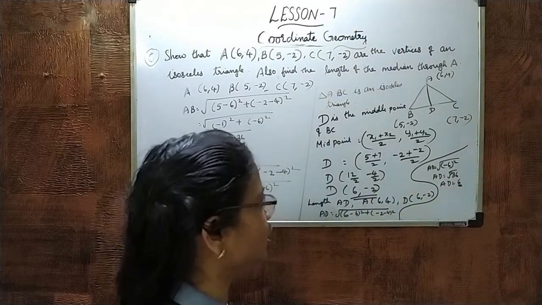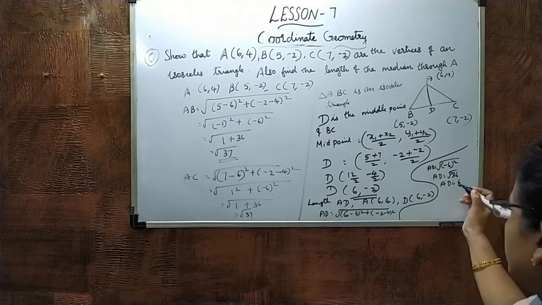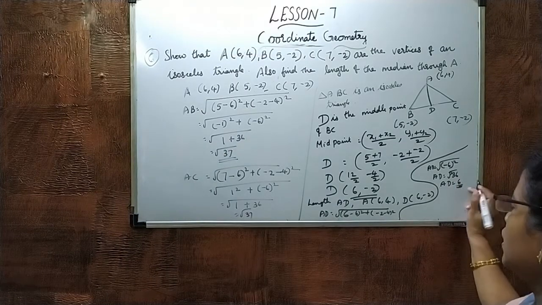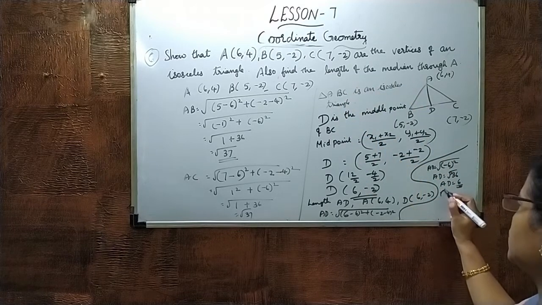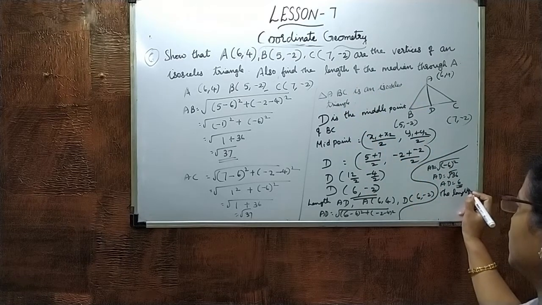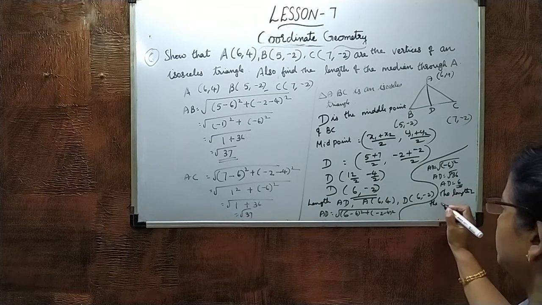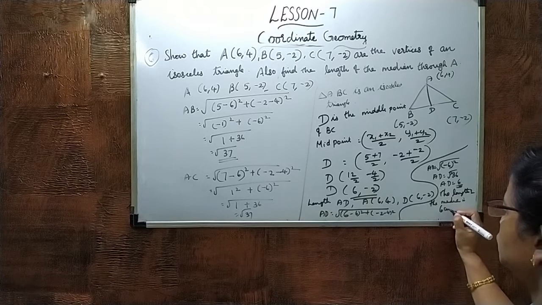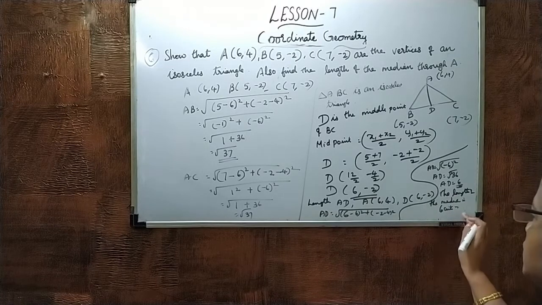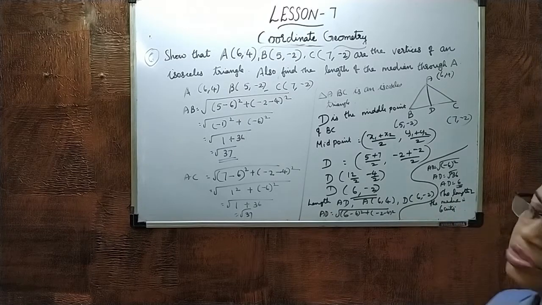Right? So here root 36 is equal to 6 you got. That means what? The length of the median is 6 units. Okay. This is the answer you have to write.